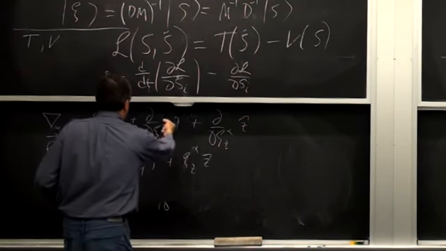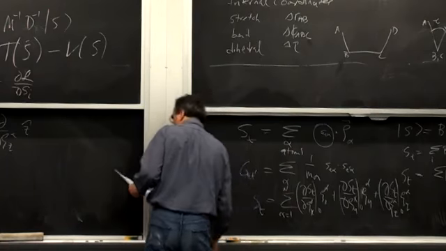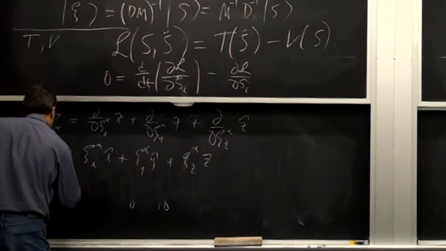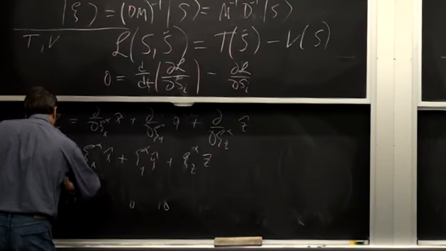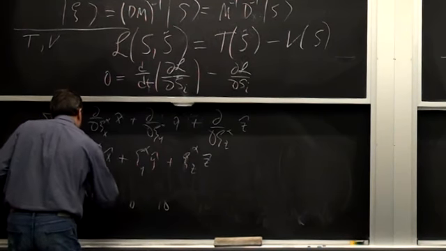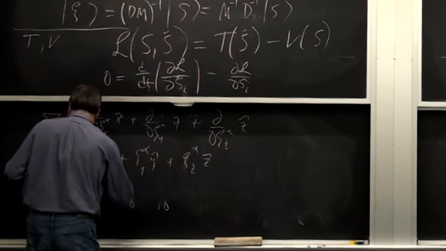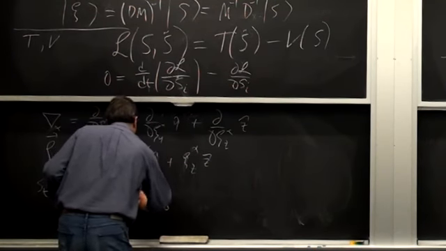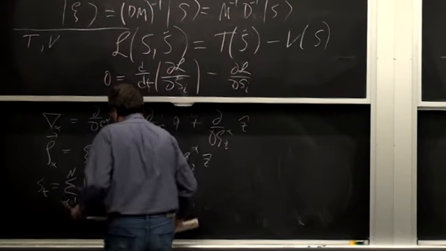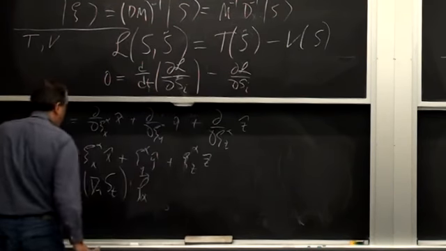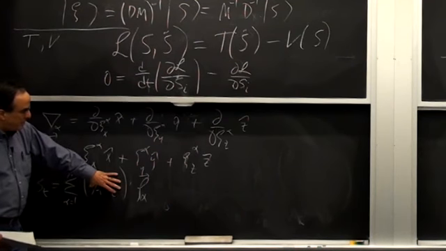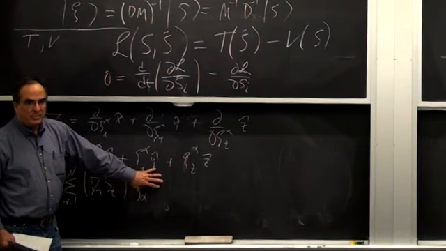So these two things together with this tell you that S_t is just the sum over alpha from 1 to n of the gradient of S_t dotted into rho alpha. So what we've done is written the internal displacement as a gradient of the internal displacement dotted into the arbitrary displacement.